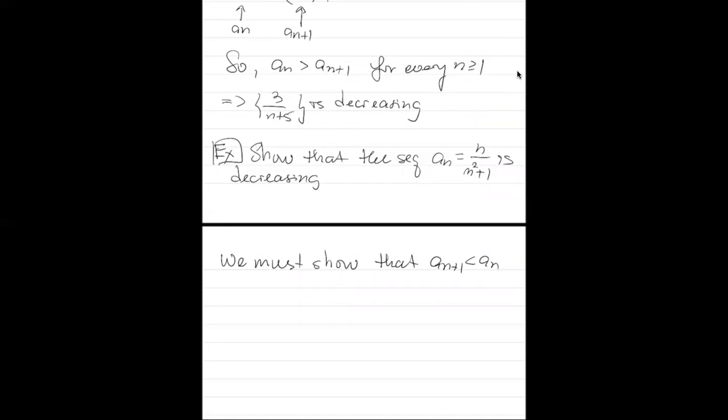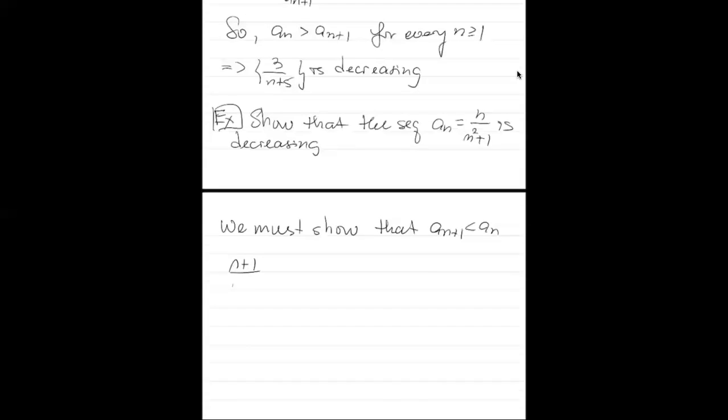So let's write down the n plus 1 element: n plus 1 over n plus 1 squared plus 1. We need to show that this element is less than the nth element, which is n over n squared plus 1.